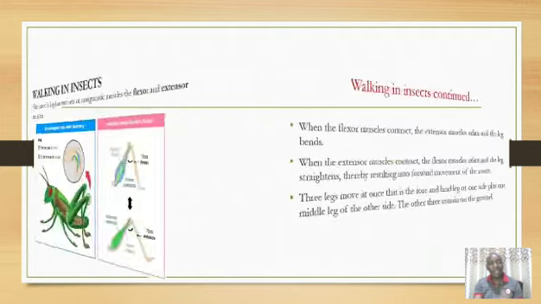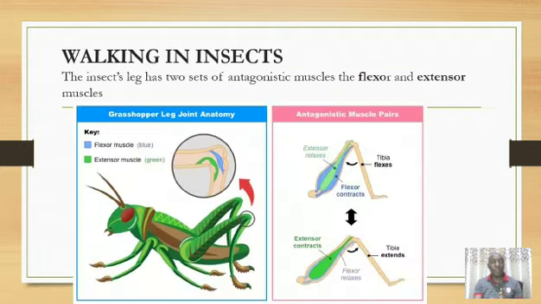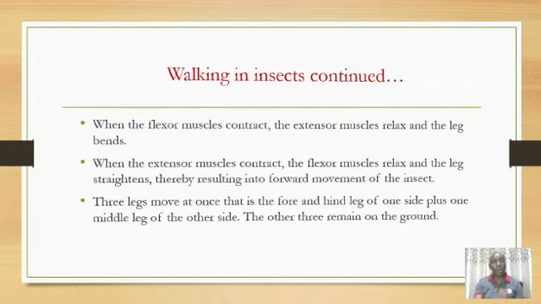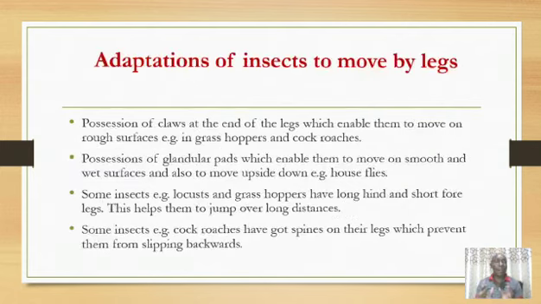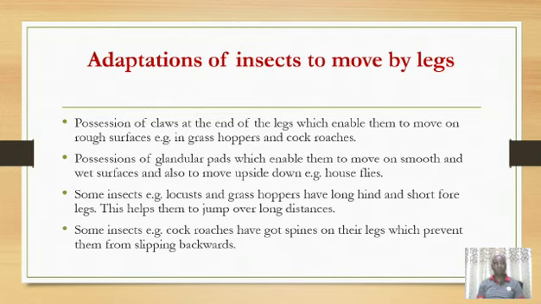But remember, we've said that insects locomote by walking or by flying. So we have seen locomotion by walking in insects. We now move ahead and see the adaptations of insects to move by legs.